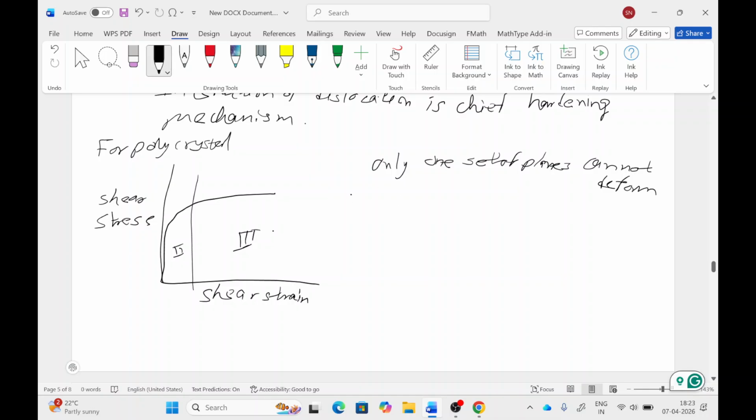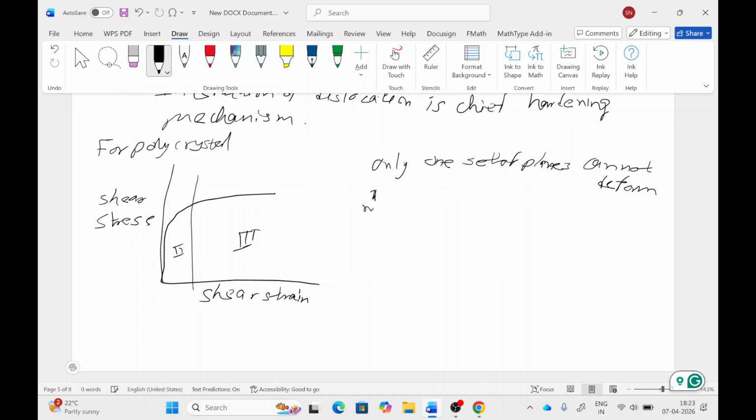The deformation will only start when the applied shear stress increases to a value that reaches the CRSS of more grains.